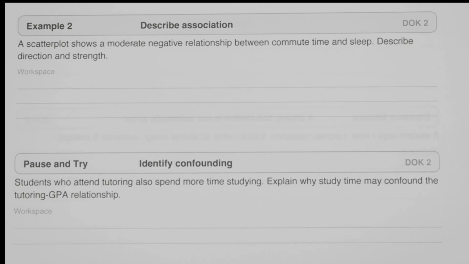Okay. Example number two, describe the association. Suppose a scatter plot shows a moderate negative relationship between commute time and sleep. Negative means the variables tend to move in opposite directions.